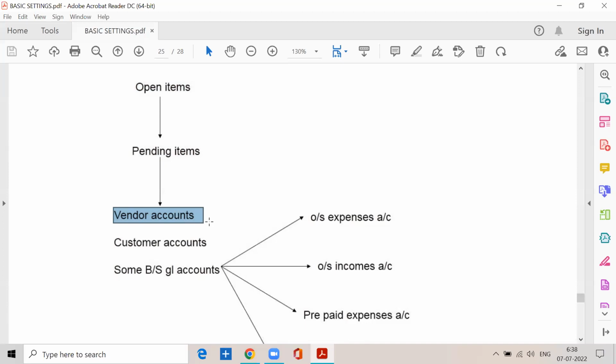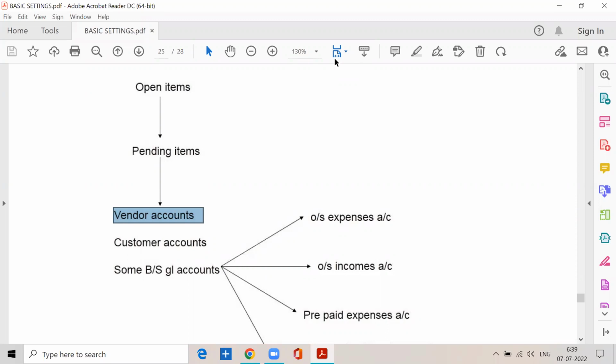Open items means pending items. Why is that invoice pending? Pending for payment. When the vendor has given 30 days credit, we make the payment to the vendor on the 30th day only. Till you make the payment on that invoice, the system will display it in red color, informing the user that the invoice is pending for payment.